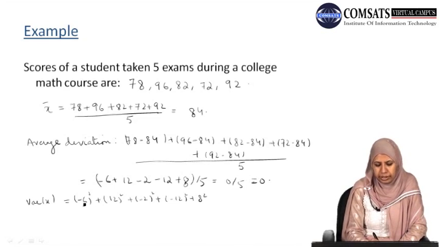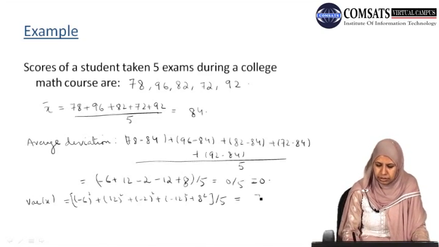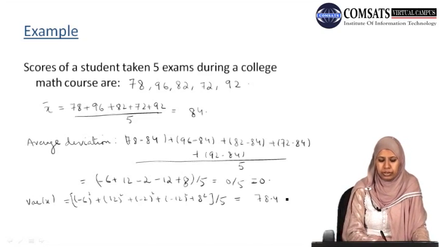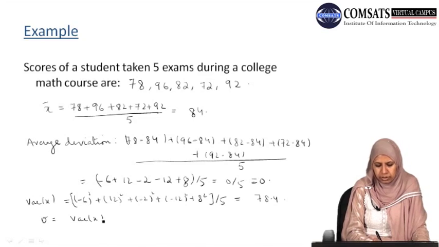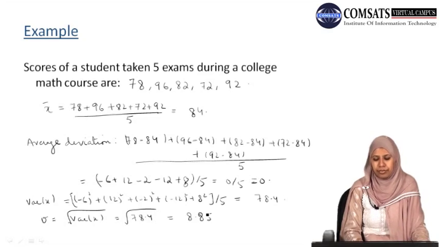Okay, and all this divided by 5, we obtain after calculation 78.4, and the standard deviation is the square root of our variance, that is the square root of 78.4, which is 8.85.